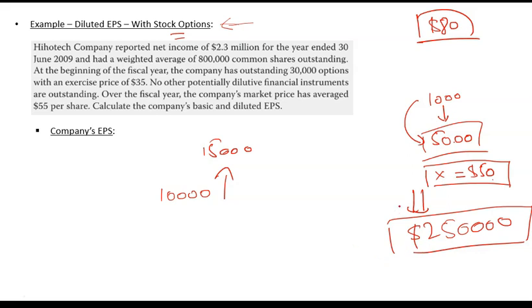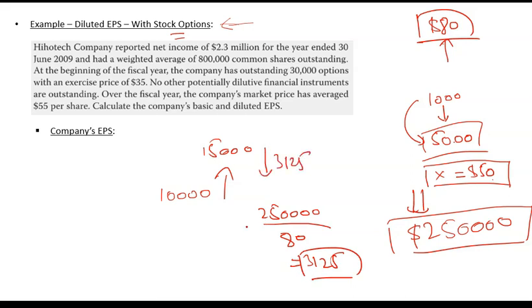When the company buys back shares using this 250,000, how many shares will it buy? 250,000 divided by 80, because the market price is $80 per share. The company is investing 250,000 to buy back shares. So the number of shares the company will buy will be 250,000 divided by the market price of 80. One share is $80 and the company is spending 250,000. So it should be 250,000 divided by 80, which is 3125. That means from this 5,000 issued, the company will buy back 3125 shares.